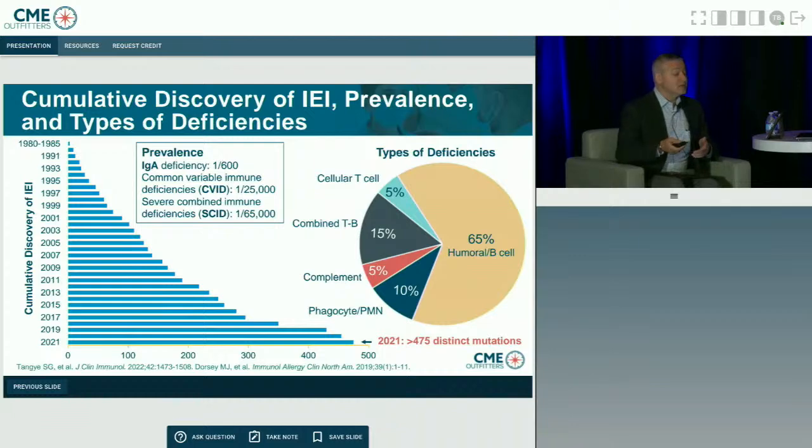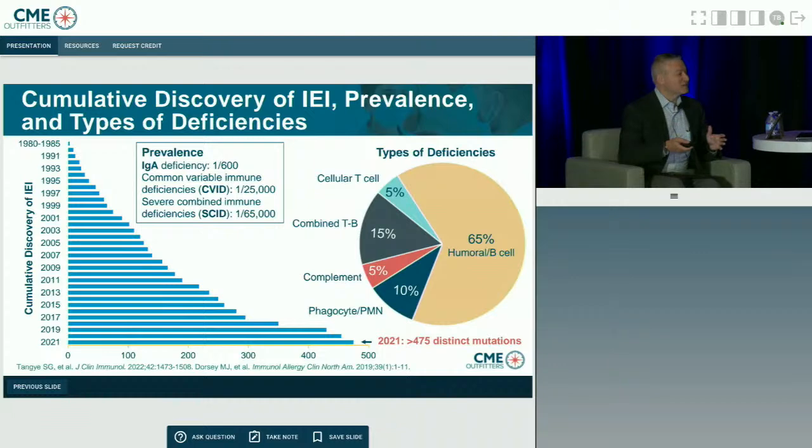We also see the other types of rare diseases like phagocyte disorders or chronic granulomatous disease, complement disorders, and then disorders that affect the T cell, making patients susceptible to unusual or opportunistic infections.